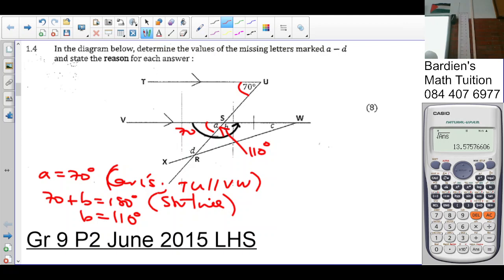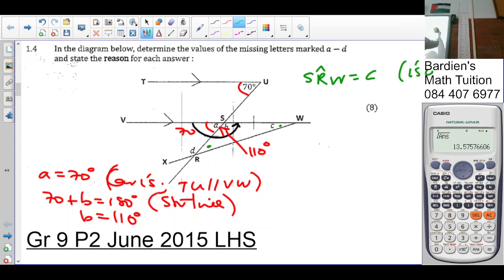Okay, so this angle here and that angle is the same. So first, is that angle marked there on the diagram to be C? No. So first I must say that S or W is equal to C. I can't just go 2C plus 110, because where are you going to get that other C from? You understand? So we must first say that S or W is equal to C. Why?